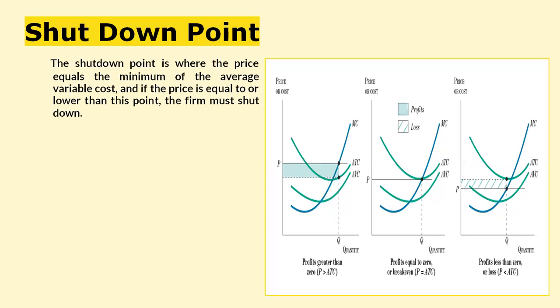The shutdown point is where the price equals the minimum of the average variable cost. And if the price is equal to or lower than this point, the firm must shut down.